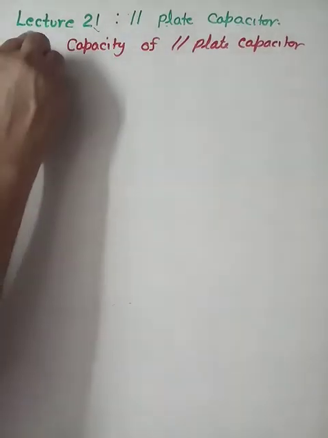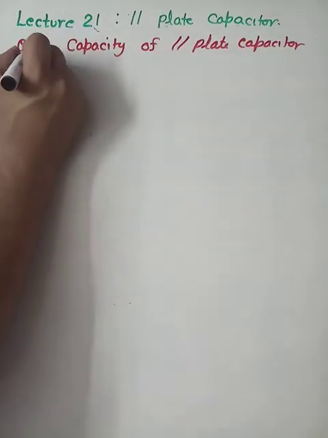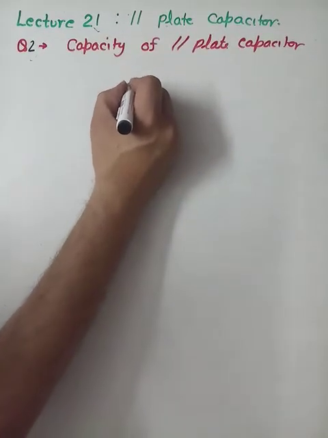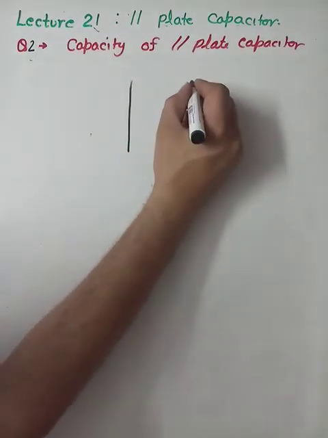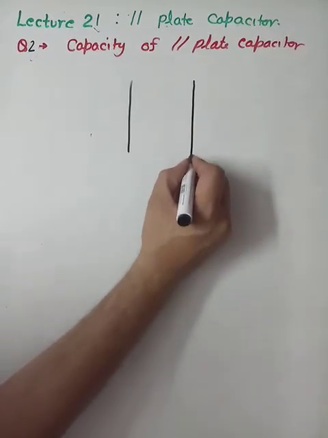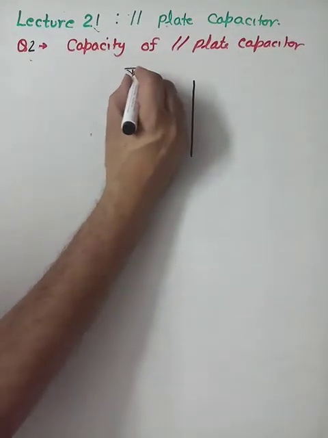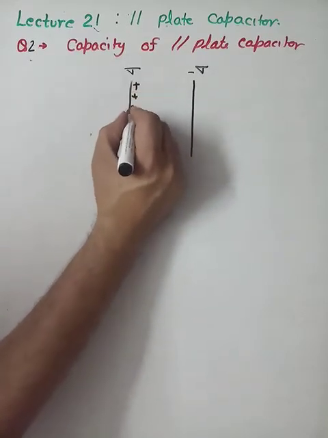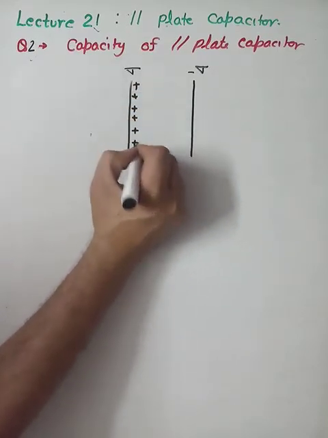In question number 1, we have calculated the electric field between the two plates. Suppose we have two plates like this. This plate is having sigma, and this plate is having minus sigma. This is having positive charge.